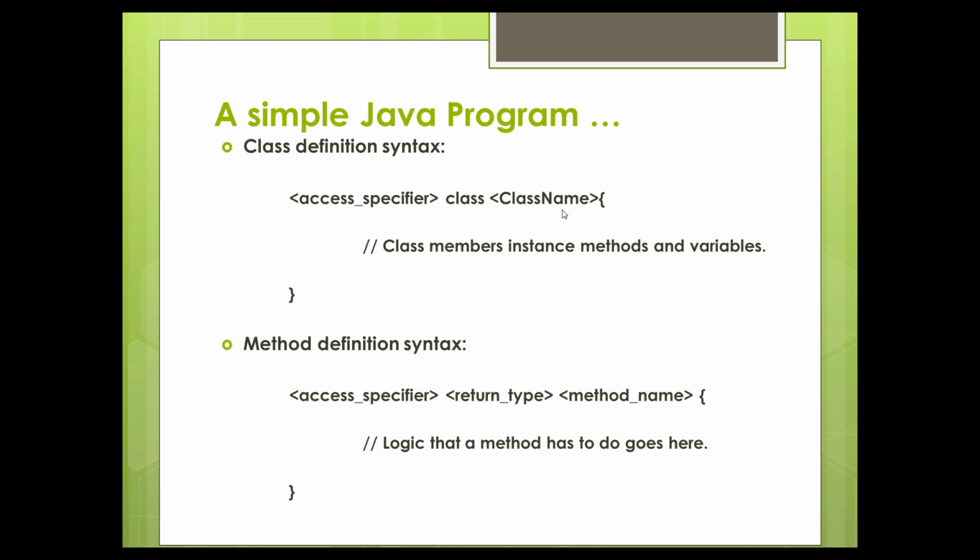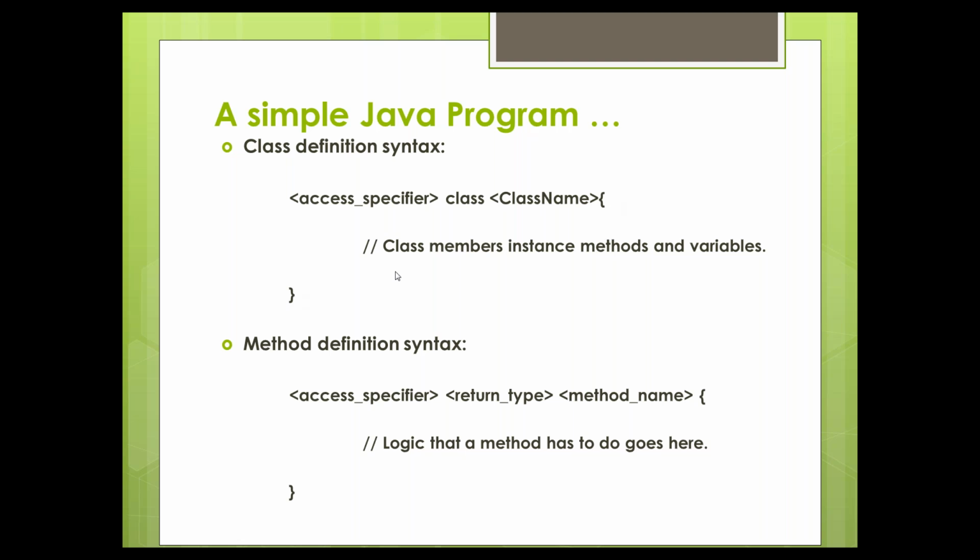After the class name we open a flower bracket and then close a flower bracket. Within that we specify different members of this class, which are your instance variables, static variables, instance methods, static methods, all those things.